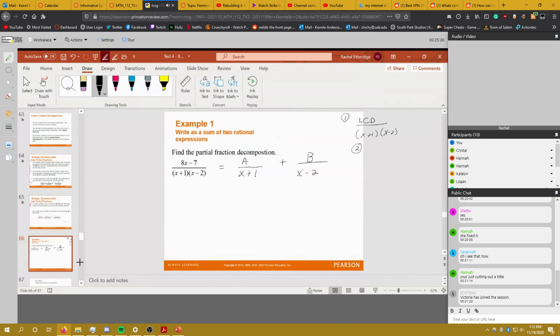So step number 2 is we're going to multiply both sides by the least common denominator. So I'm going to multiply this side by x plus 1, x minus 2.